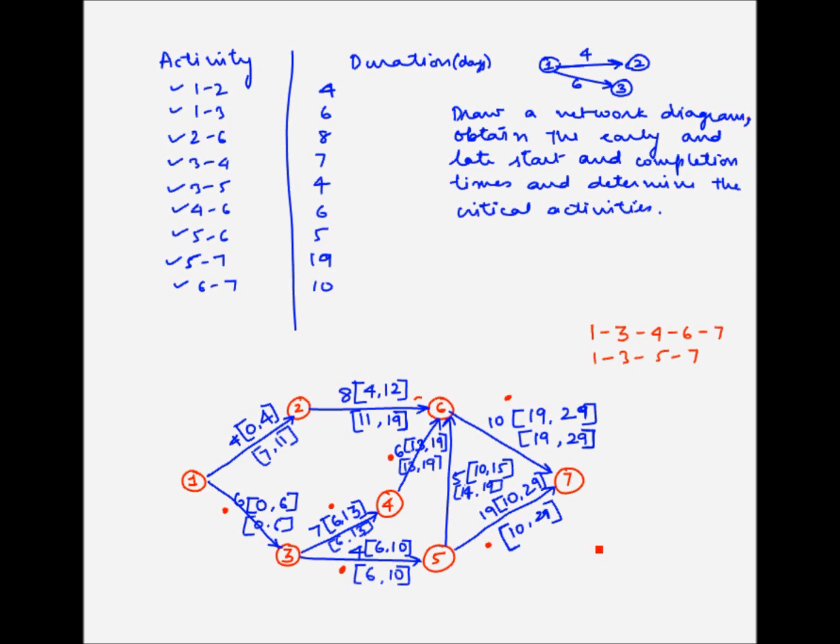But along with that, what will happen is that the other activities, which is 3 to 5 and 5 to 7, will no longer be on the critical path, because the path 1, 3, 5, 7 will still have a duration of 29 days, but the path 1, 3, 4, 6, 7 will have a duration of 30 days. So this is how the project duration changes, and that is how the project manager controls the duration and the schedule of the project.